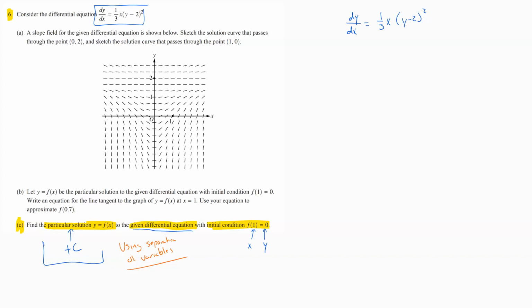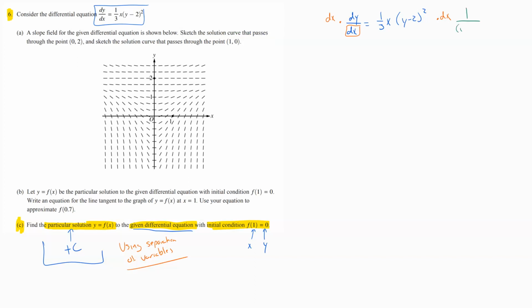And so separation of variables is exactly what it means. We're going to want to get all of our x pieces on one side and all of our y pieces on the other. So I'm going to want to move the dx up out of the bottom and over onto this side. And then I'm going to want to move the y minus 2 squared.